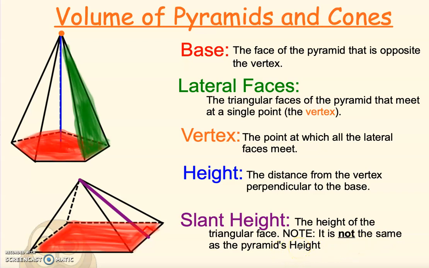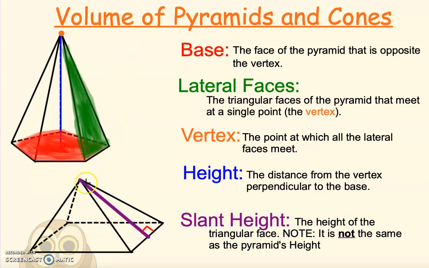So when we talk about how high up a pyramid is, we're talking about how tall it is perpendicular to the base. But the slant height is the slanted part. As a matter of fact, I'd encourage you right now to think for a second about which one is always going to be larger, the true height or the slant height. One of them is always larger than the other.